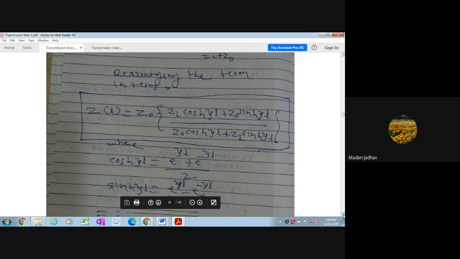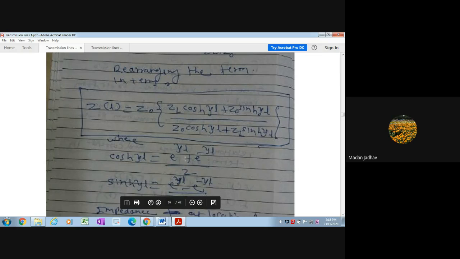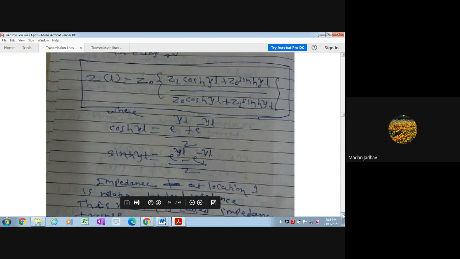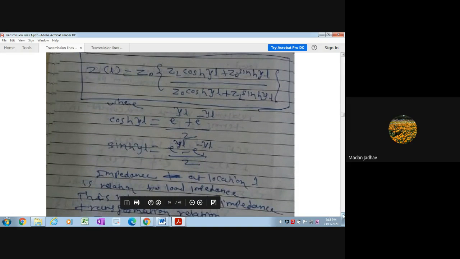Here cos hyperbolic gamma L is nothing but e to the power of gamma L plus e to the power of minus gamma L, divided by 2. Sin hyperbolic gamma L is equal to e to the power of gamma L minus e to the power of minus gamma L, divided by 2. This is the equation for the impedance along the transmission line.